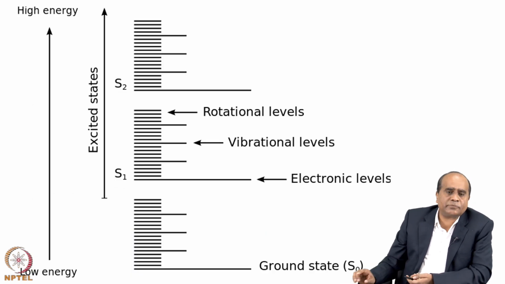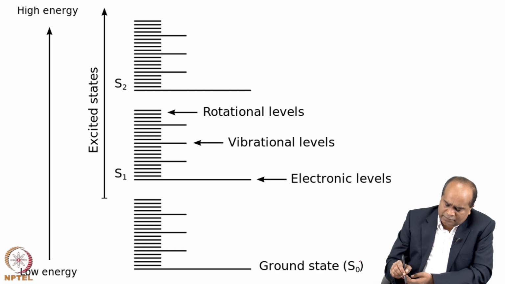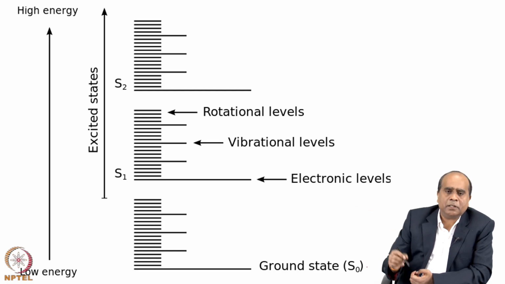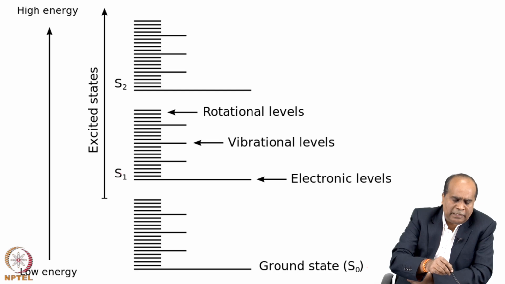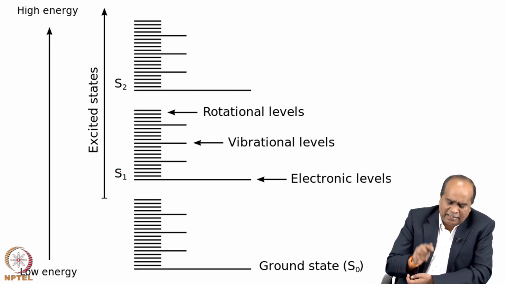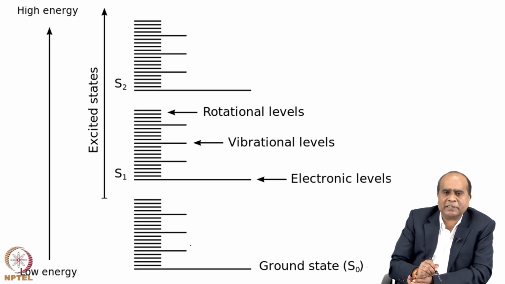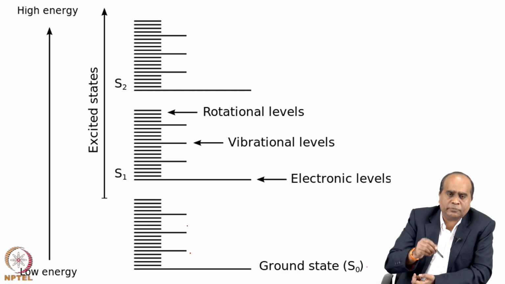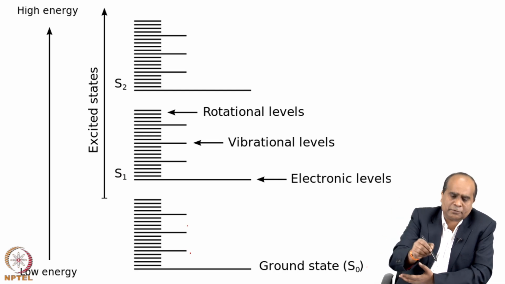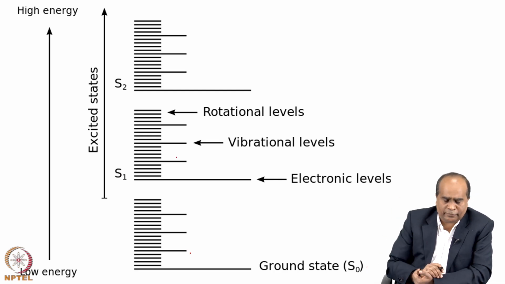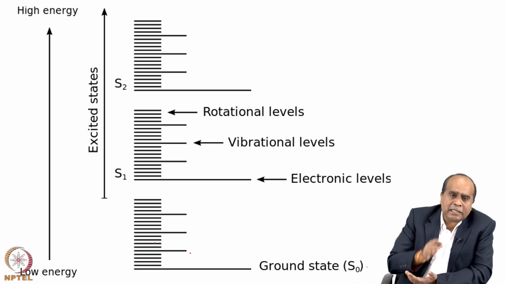Now, in the last class we wrote that this is the electronic state energy level distribution. We have S0, S1, S2. Between electronic states, what did we have? Vibrational states like V1, V2, V3, V4, and in each electronic state V1, V2, V3, V4 is there. And then in each vibrational level we had different rotational levels.